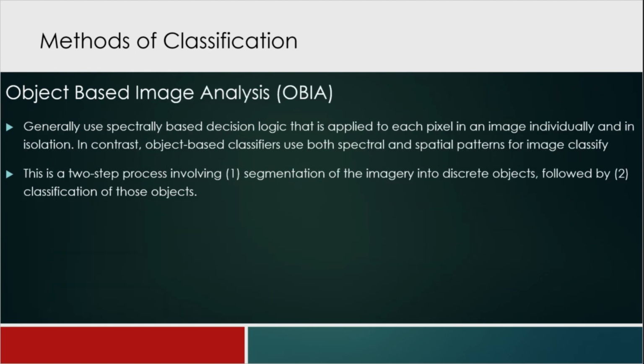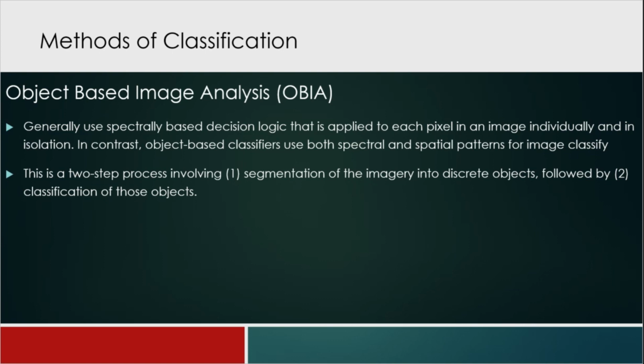Unlike supervised or unsupervised classification, object-based classification is not based solely on the analysis of spectral characteristics of individual pixels. That is, these per-pixel procedures generally use spectrally based decision logic that is applied to each pixel in an image individually and in isolation. In contrast, object-based classifiers use both spectral and spatial patterns for image classification.